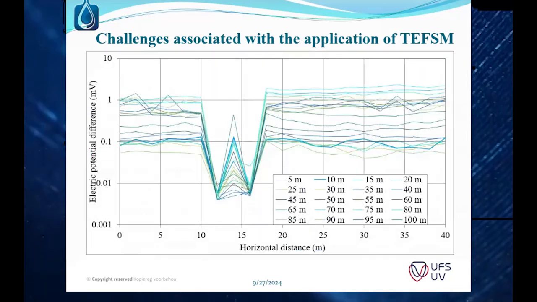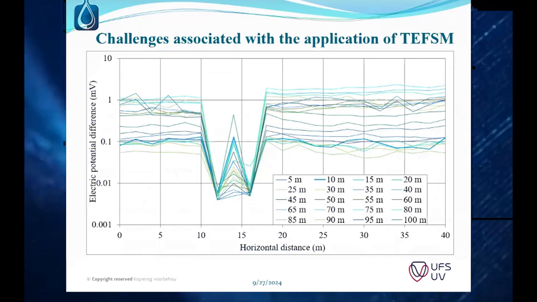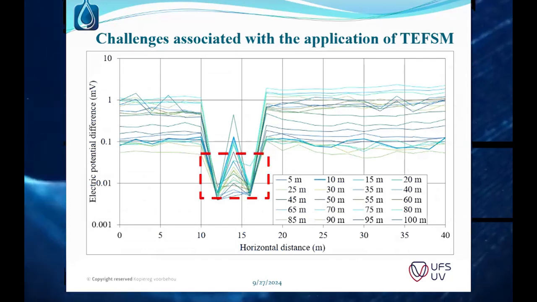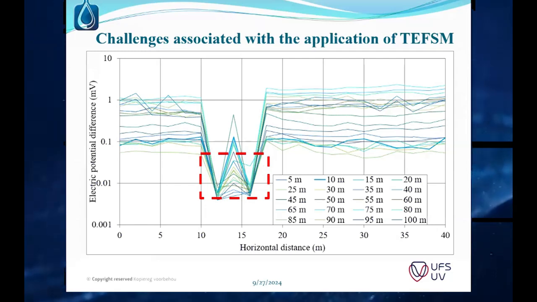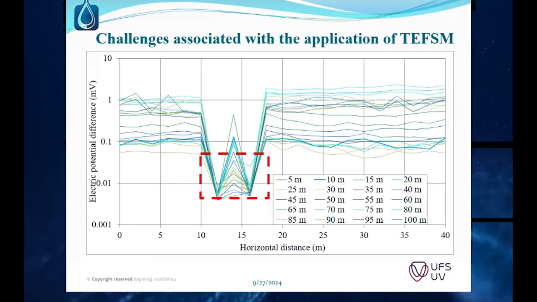This is just an example of some of the work that we have been doing. This data is, of course, just a horizontal distance, whereby we're measuring a certain parameter, which is electrical potential difference, with distance. And we can see that it looks like an anomaly.